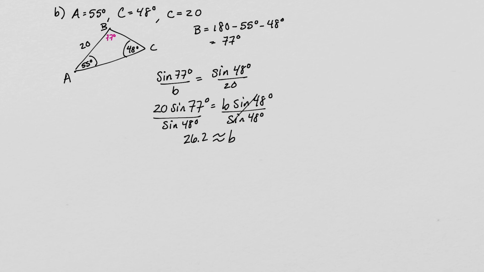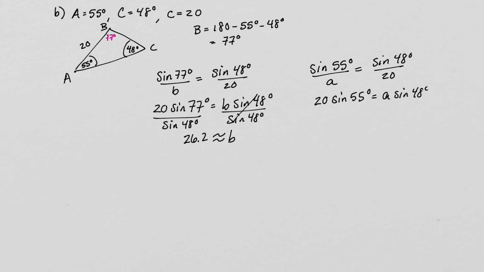And then we're going to do a similar thing to find little a. So the sine of 55 degrees over little a is going to be equal to the sine of 48 degrees over 20. So cross multiply: 20 sine 55 degrees equals a sine 48 degrees.